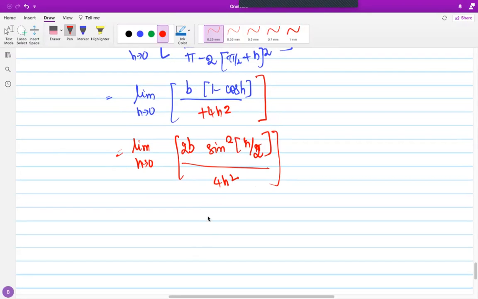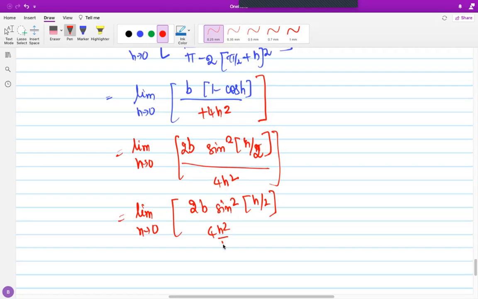So 2b sine square h by 2, so 4 into h square by 4, multiply by 4 divide by 4. The whole limit will be equal to 1.